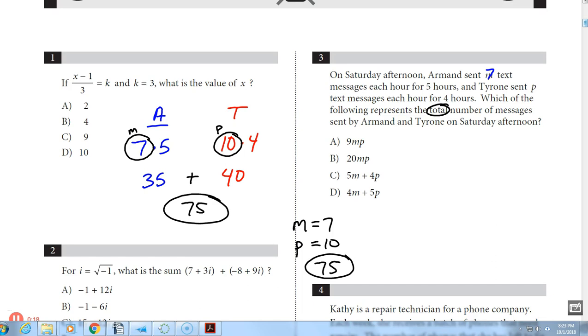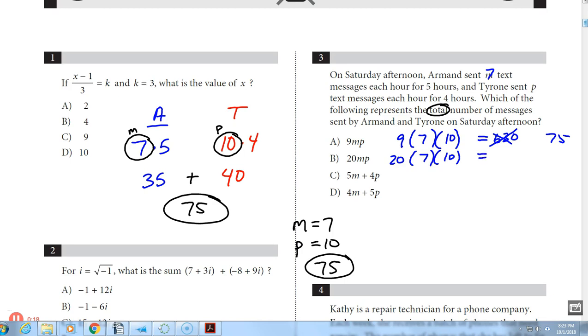If I look at A, that would be 9 multiplied by the 7 you chose, multiplied by the 10 you chose, and man, that's 630. That is not 75. So that one can't be it. And then you'd say 20 times the M you chose and the P you chose, which would be even worse. That would be 70 times 20.